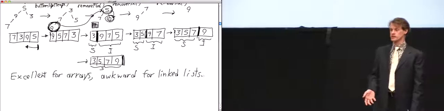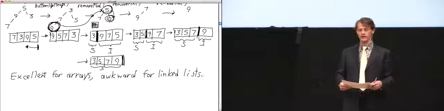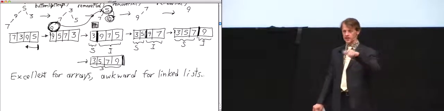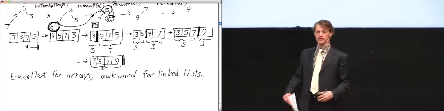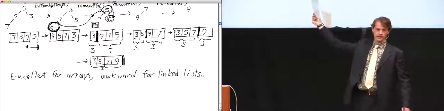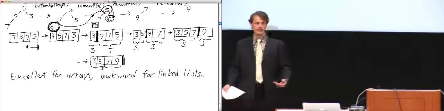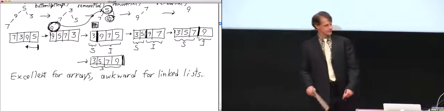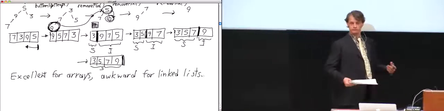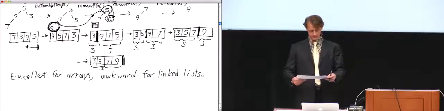Honestly, the most elegant way to do it is construct a new array. The array will have references to all the list nodes. Sort the array, and when you're done sorting the array, then reassemble the list nodes into their new correct order. That's how you do heap sort on a linked list. So it's not memory efficient, and there are other algorithms that are more suited to linked lists than heap sort. But heap sort's great for arrays.